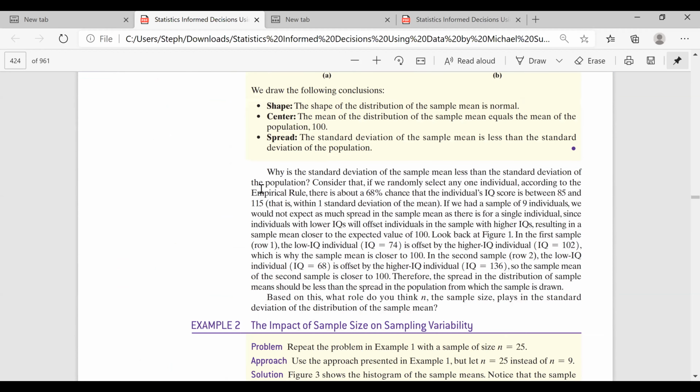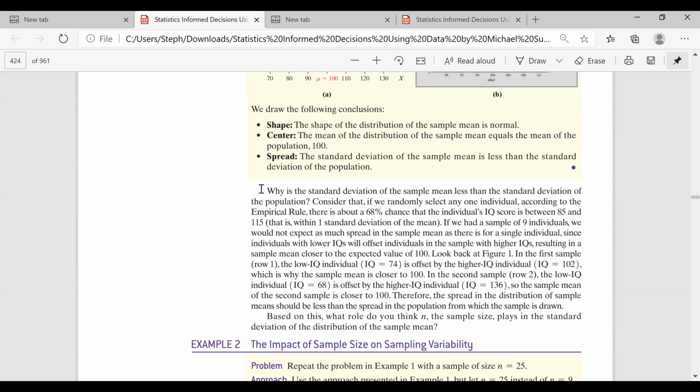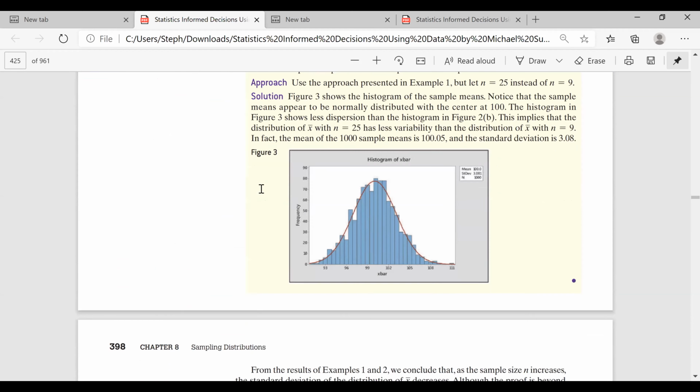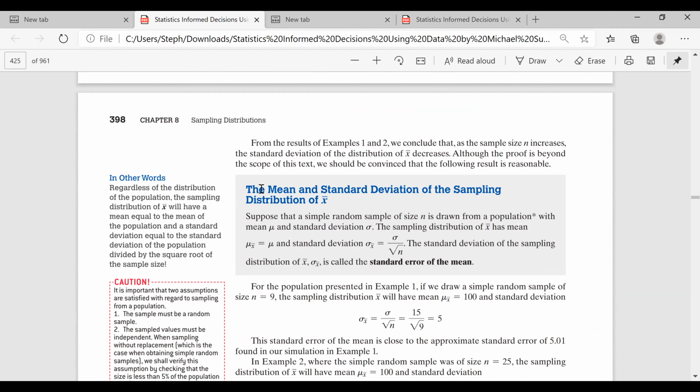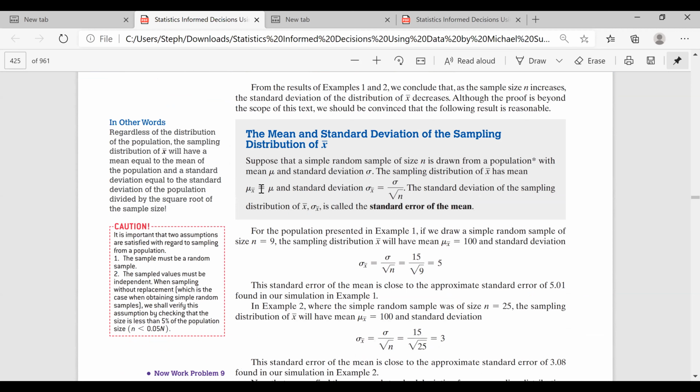Okay, and you guys did good. I did not. Shape, spread, center. All right. The mean and standard deviation of the sampling distribution of X bar.